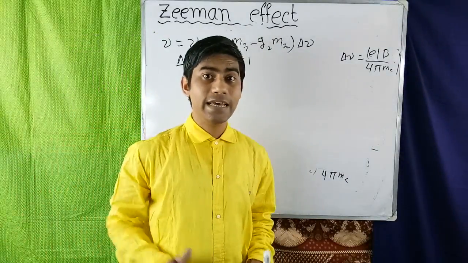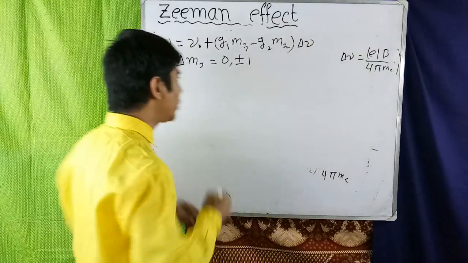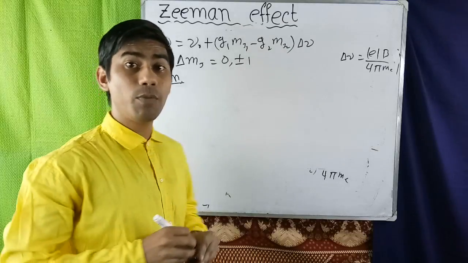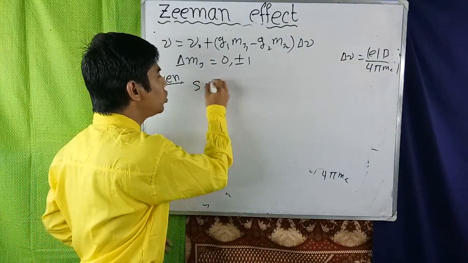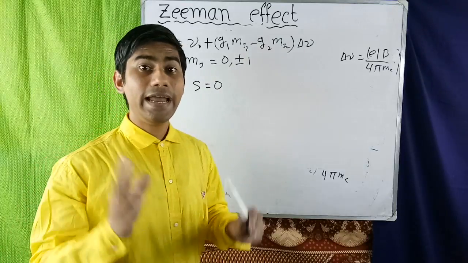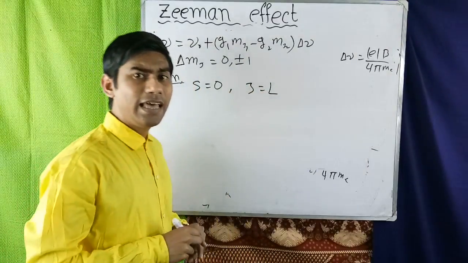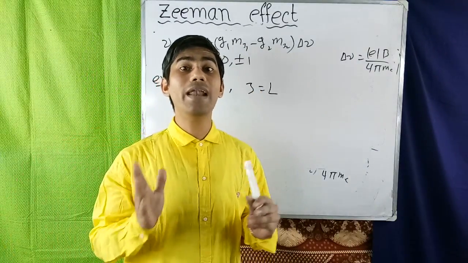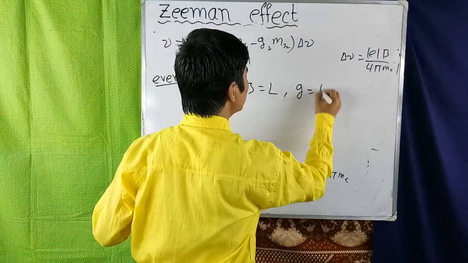Now, in case the atom has even number of optical electrons, its states with s equal to 0 are possible, and in such case j equals to L. And so in this case, if we calculate the value of Landé g factor, then we will get g equals to 1.